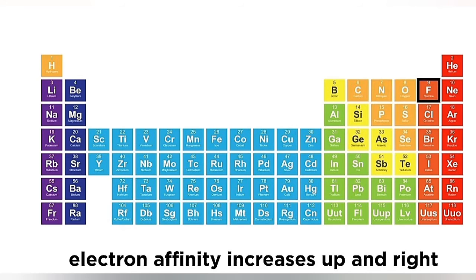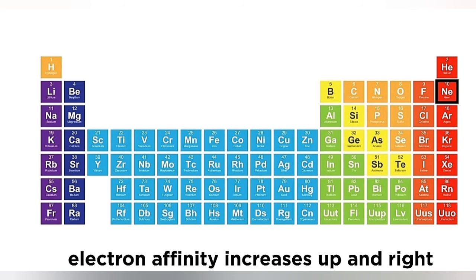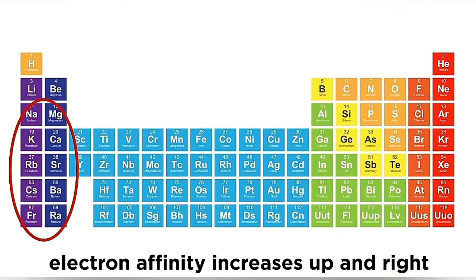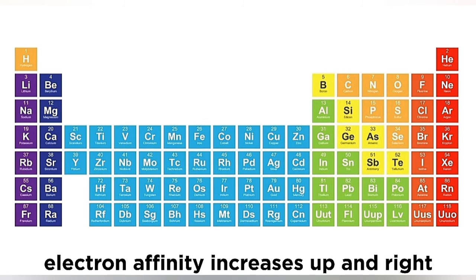Fluorine has the highest electron affinity because if it gains an electron, it will have a full shell, or noble gas electron configuration. Looking at the opposite corner, these elements don't want to gain electrons. They would rather lose them. Exceptions to this trend happen for exactly the same reason as the exceptions to the ionization energy trend.